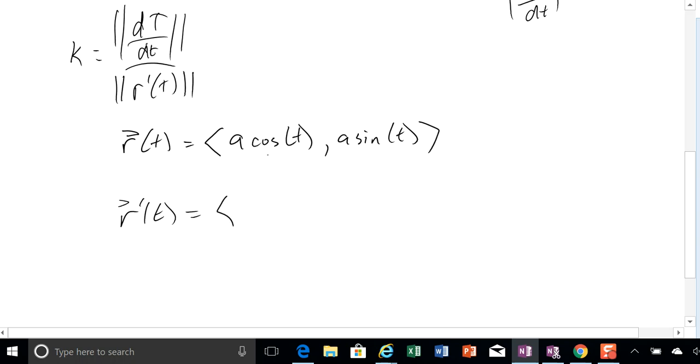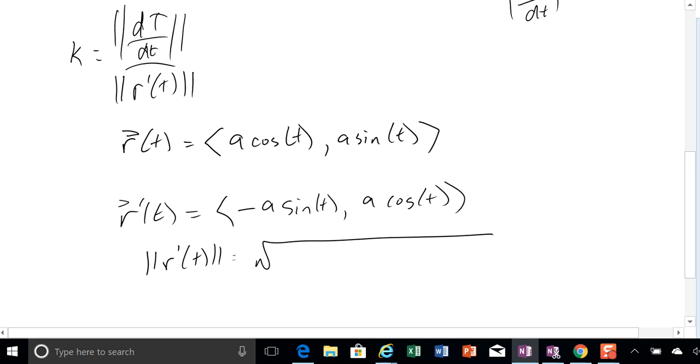The derivative of a cosine t is minus a sine of t, and the derivative of a sine t is a cosine of t. That is our tangent vector. And then the other thing I need is the magnitude of r prime of t.